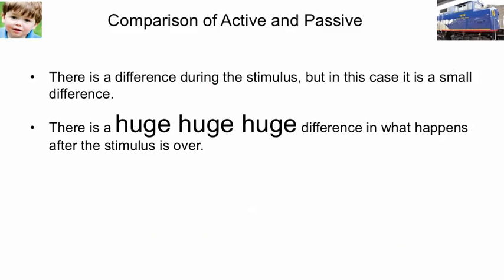So if I just say it in words, there's a difference during the stimulus, but in this case it's a small difference. But there is a huge, huge, huge difference in what happens after the stimulus is over. Some of my faculty colleagues work on ancient manuscripts, and they tell me that in ancient manuscripts, emphasis was given by repeating the word.